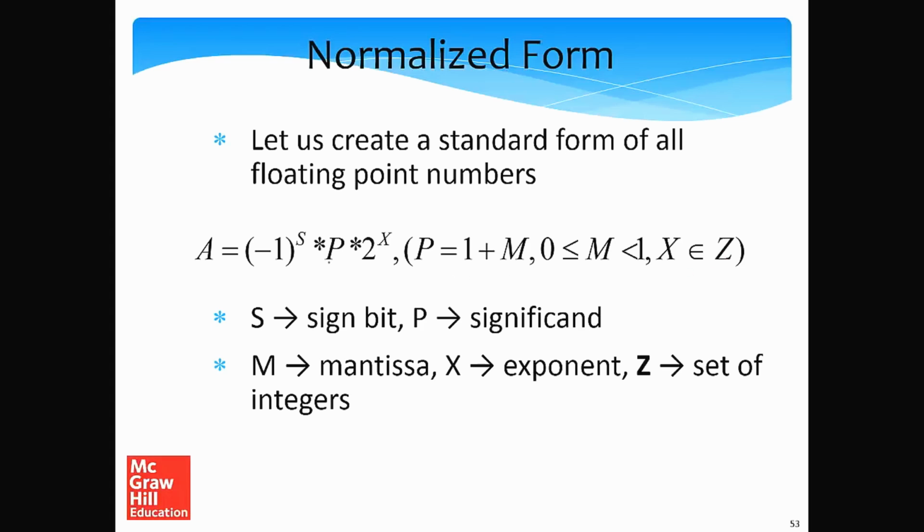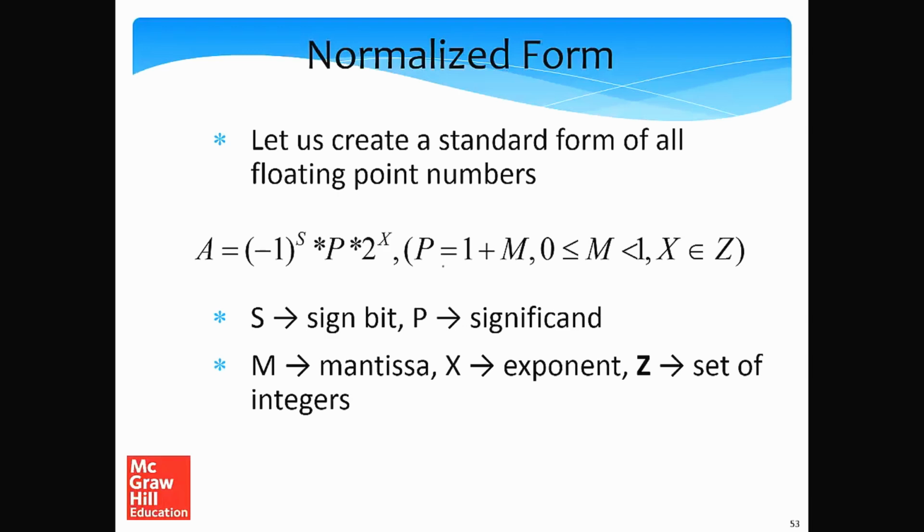Let's go over this terminology once again, it's very important. Any floating point number we represent as minus 1 to the power s, where s is the sign bit, multiplied by the significand.